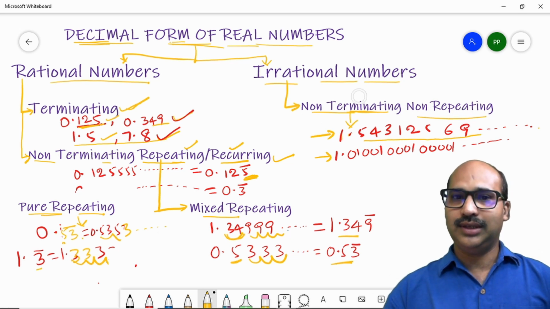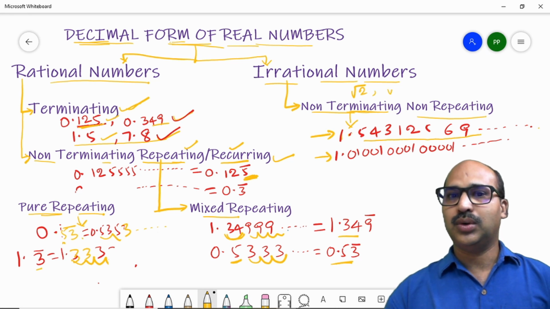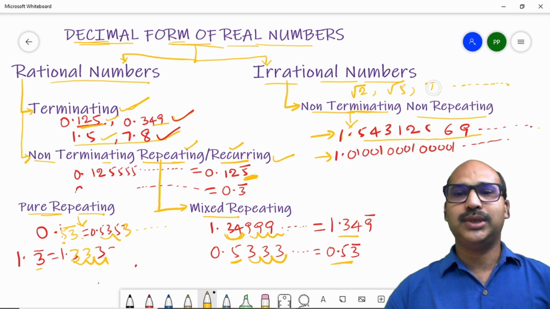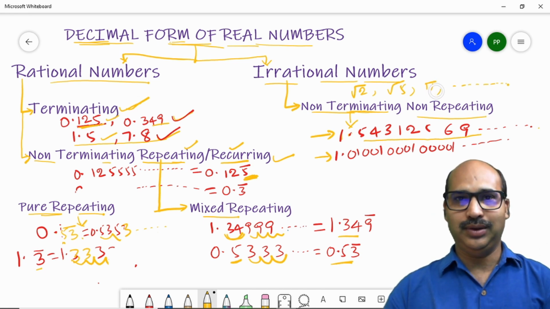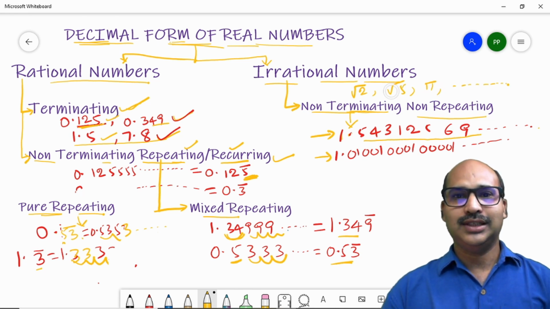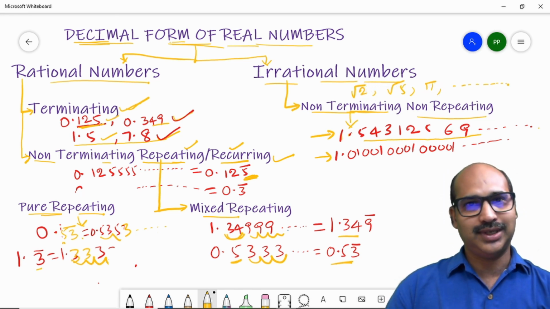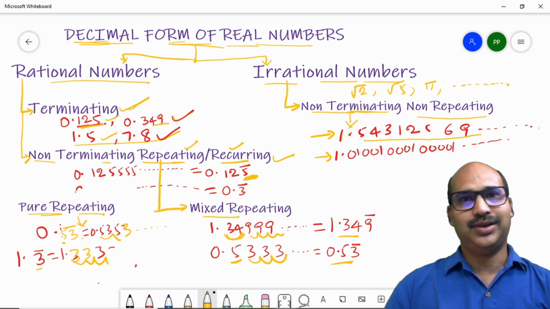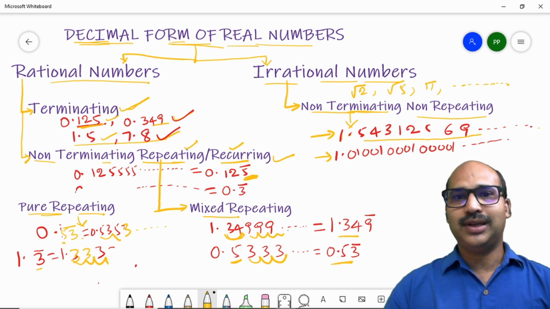In this kind of scenario, values like root 2, root 5, pi are actually non-terminating, non-repeating. The pi value 22/7 is an approximated value, not the exact value. Similarly, root 2 we use like 1.4, that is also approximated, not the exact value. So these values are non-terminating, non-repeating.